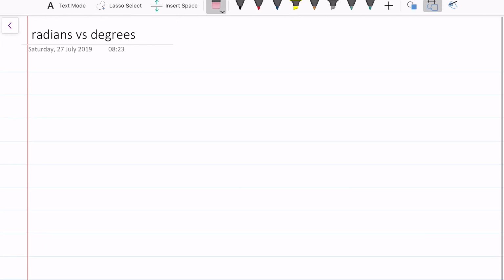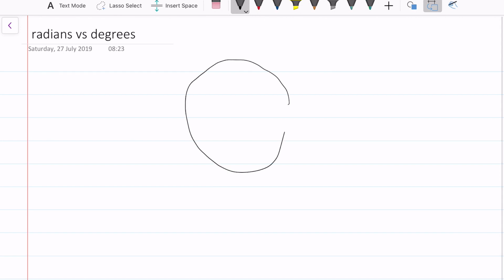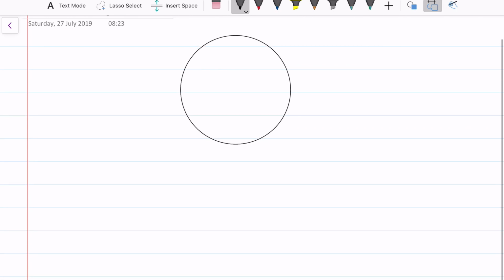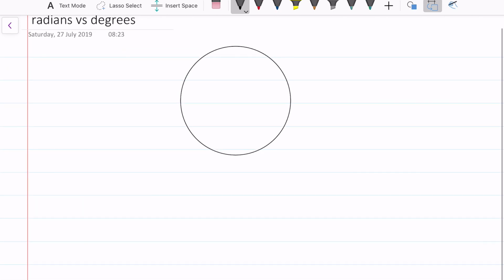Okay, getting into the main video, radians versus degrees. Let's start off by drawing a circle. I hope most people know that a circle contains 360 degrees. Some very smart mathematicians figured out that it's also equal to 2 pi radians.